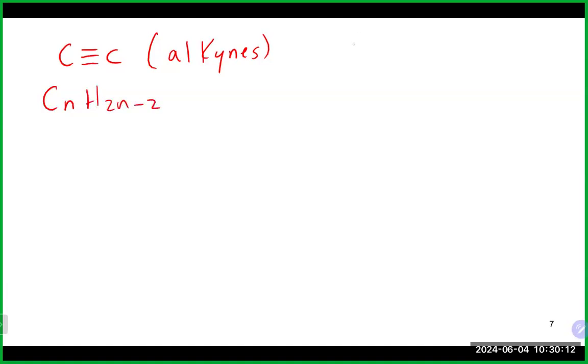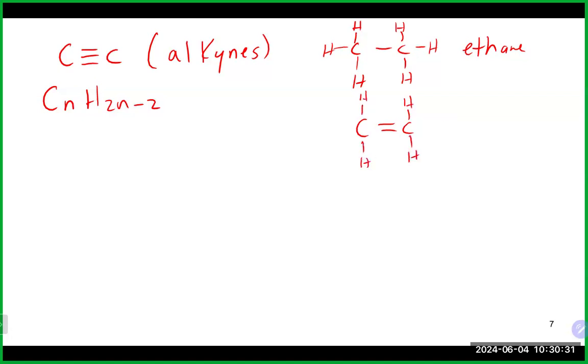So as we just saw on our previous page, we had our alkane, which was ethane. We slapped a double bond on there, lost a couple of hydrogens, and we had our ethene.